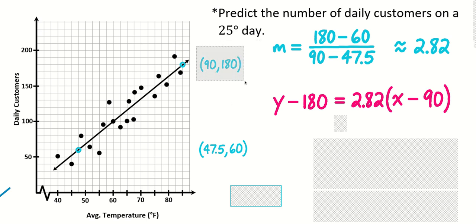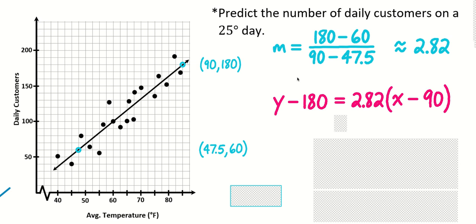So taking this point as well as this slope, this is what point slope form ends up looking like. y minus y1 equals m times x minus x1. And again, this equal sign you can even write as an approximately equal to if you want. I mean, remember this 2.82 is absolutely an approximation. So I know that this equal sign is a little bit of a stretch.